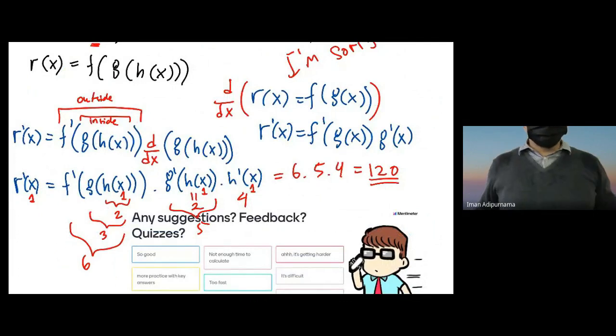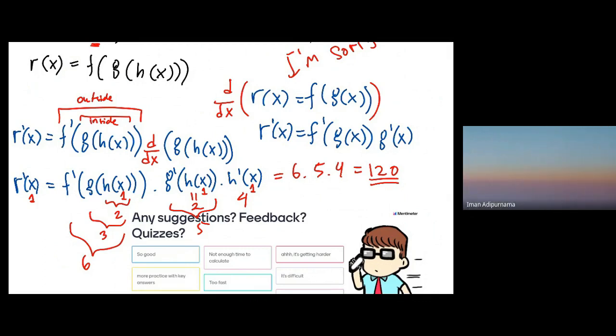For me personally, if I get a similar question like this, I would first write out the final derivative, and later put in the numbers and get the result. Because if you put the numbers in first, maybe you will mix up the derivative and the non-derivative. So I make this first, and then plug in and solve one by one.